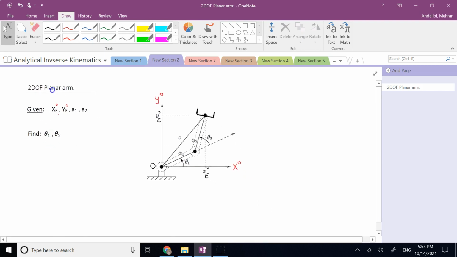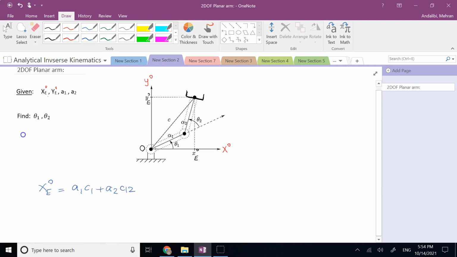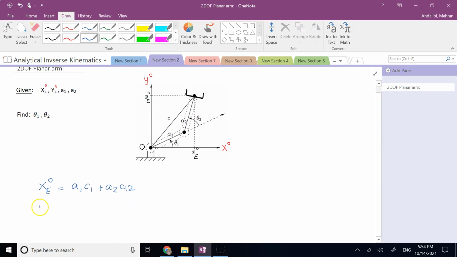If we write our forward kinematics equations, then you know that x of end effector in base is equal to A1 times C1 plus A2 times C12. As you remember, C1 is cosine of theta 1, C12 is cosine of theta 1 plus theta 2. And similarly, y of end effector in base is A1 S1 plus A2 S12.